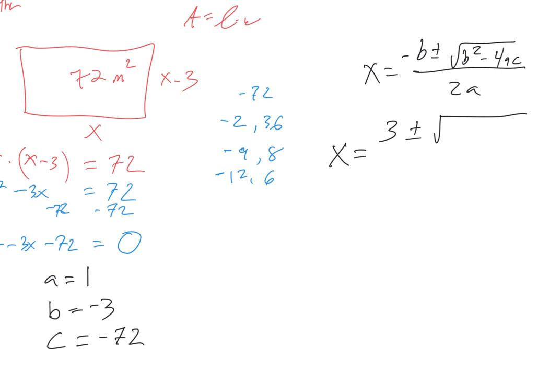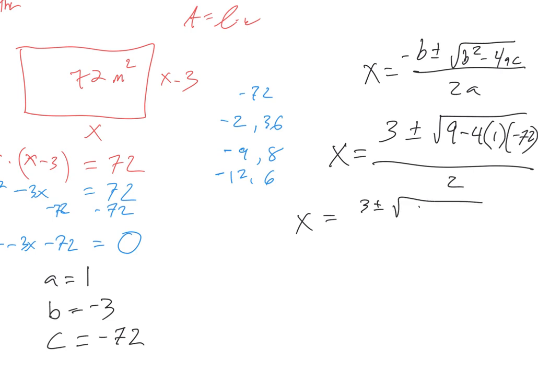Well, the b again is negative 3, so b squared is 9, minus 4 times a is 1, times c is negative 72, and it's all over 2 times a is 1, so it's just over 2. x equals 3 plus or minus the square root of 9 minus, it's minus a negative, so that'll be plus 288 all over 2.